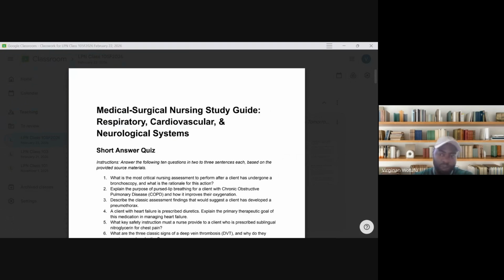Our next question: explain the purpose of pursed-lip breathing for a client with chronic obstructive pulmonary disease and how it improves their oxygenation.